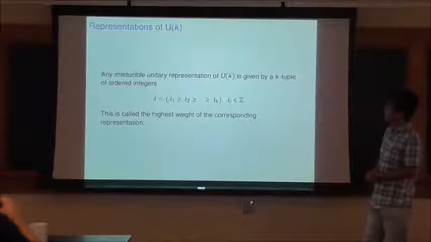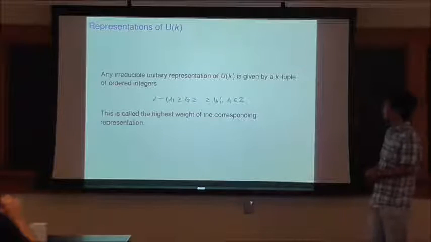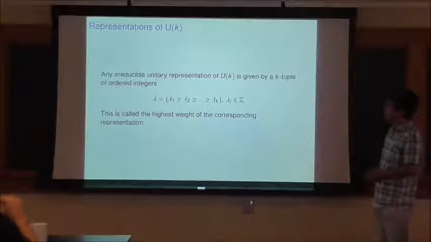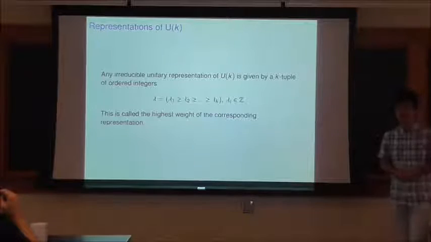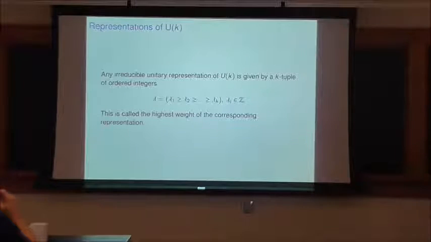So it's a decreasing order, but notice that we don't require all of them to be larger than or equal to 0, which is the case for SUK. So this is more general than the Young diagram thing you get for representations of SUK. And this k-tuple of integers is usually called the highest weight of a UK algebra, and the terminology is different from the semi-simple algebra representation theory.